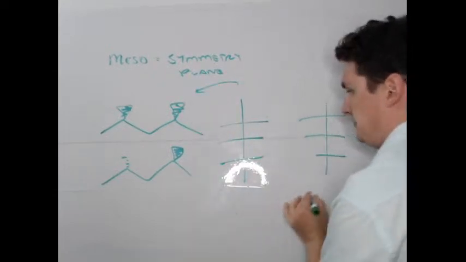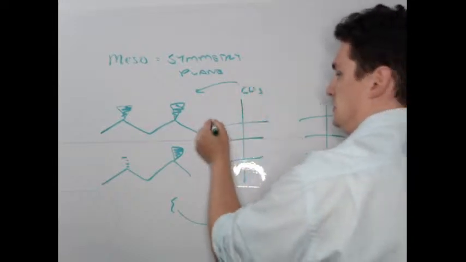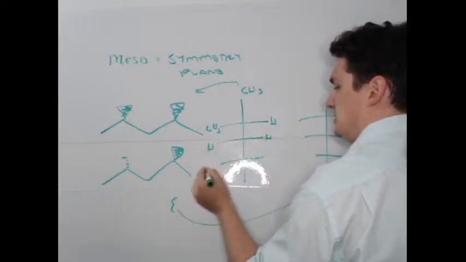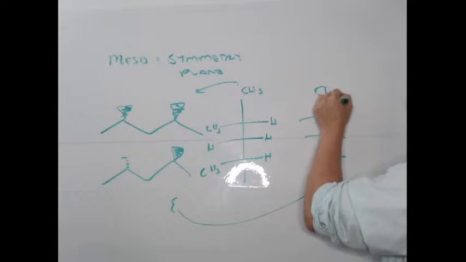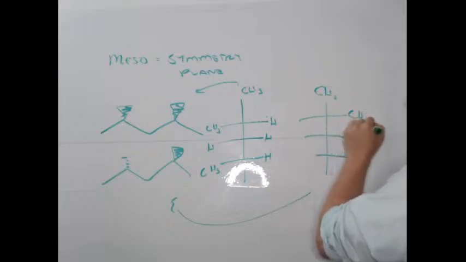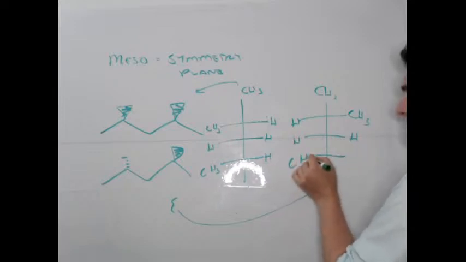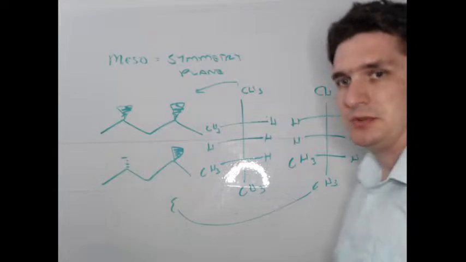We'll do this one here, and this one here. So we've got CH3, H, H, H, CH3, H, and here we've got CH3, CH3, H, H, H, CH3, H, with CH3 on the bottom.